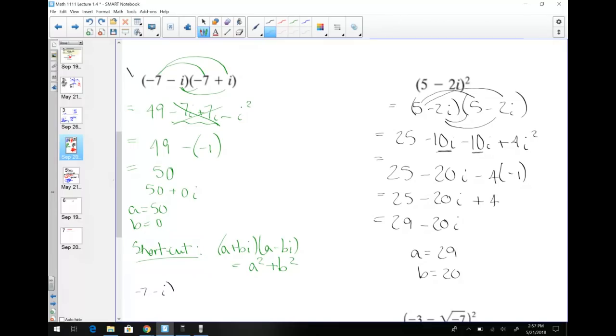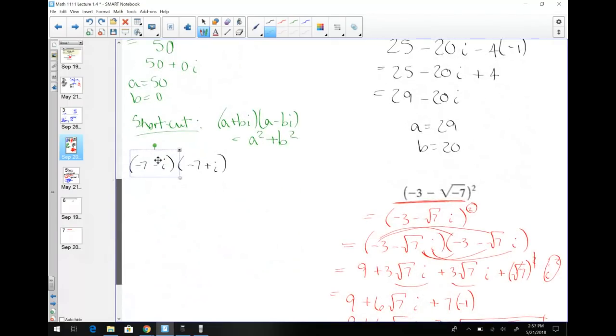Okay, so this means that in the beginning, if we're given something like this, where we have negative 7 minus I times negative 7 plus I, we notice that first of all, these two signs are opposite of each other. So instead of multiplying everything out, we can just use the fact that we know what our A is and we know what our B is. So here we have our first, which is negative 7.